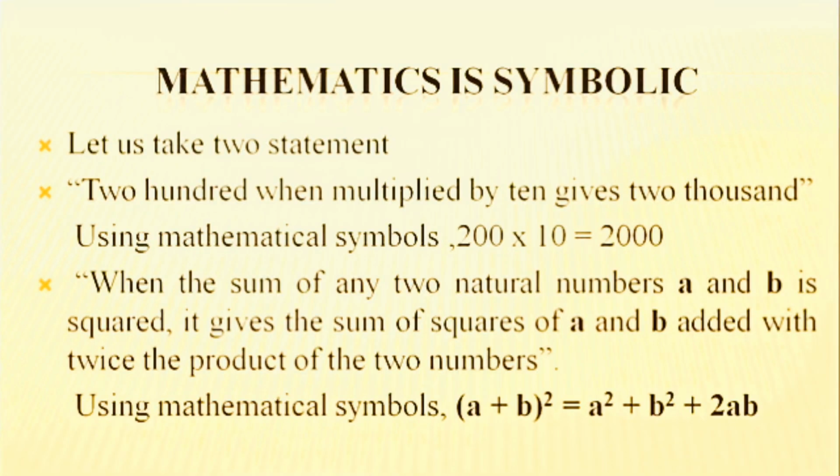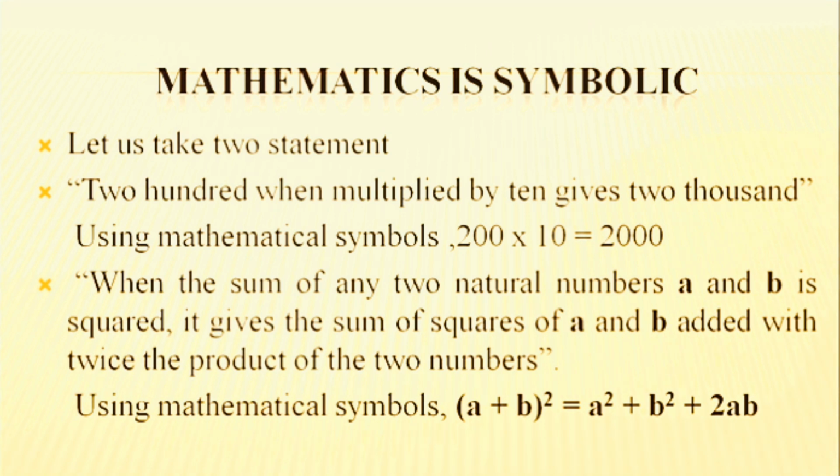Let us take two statements. First is 200 when multiplied by 10 gives 2000. Using mathematical symbols, we can show it as 200 into 10 equals 2000.